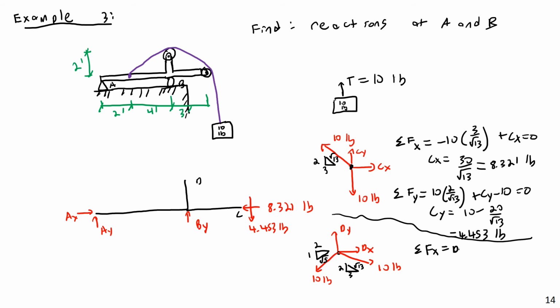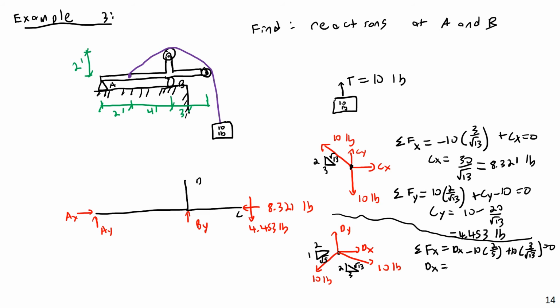So I'm going to have dx minus 10 pounds times the horizontal component of it, that's 2 over root 5, then plus 10 times 3 over root 13, and this equals 0.